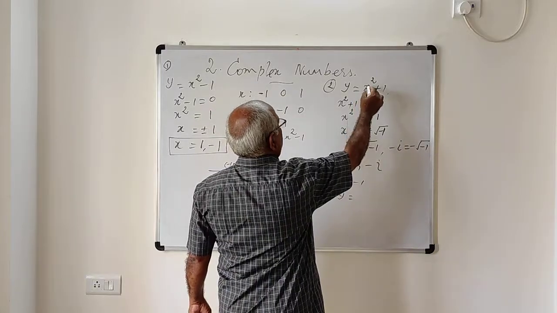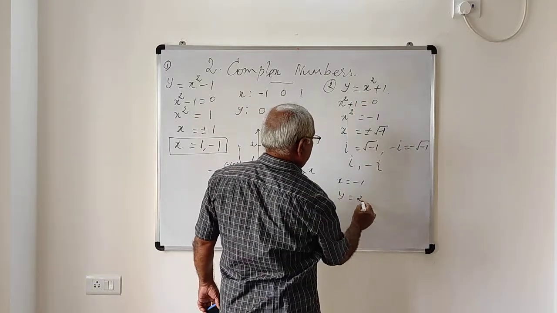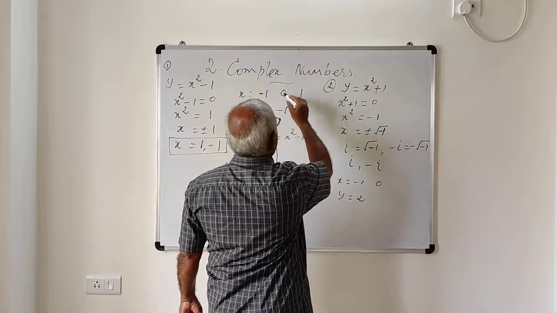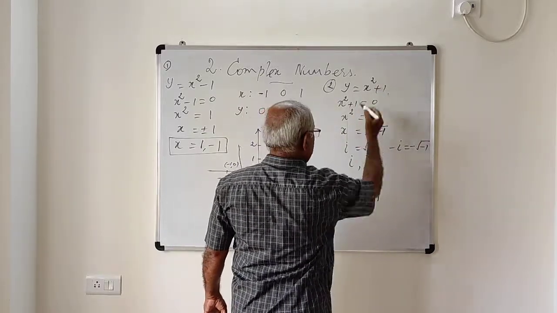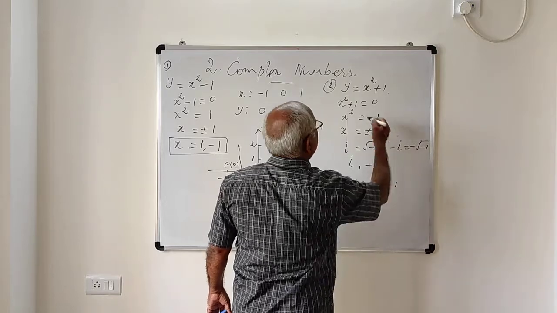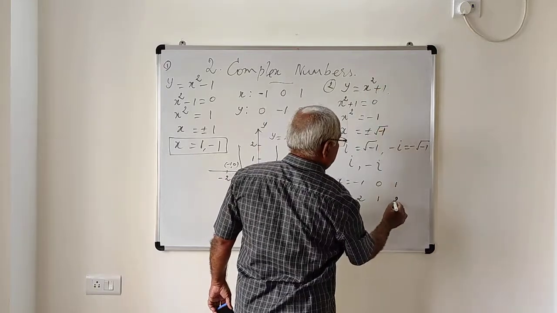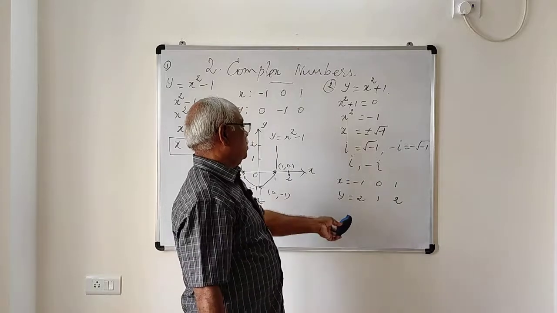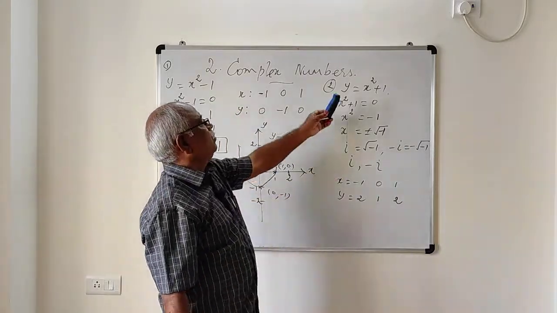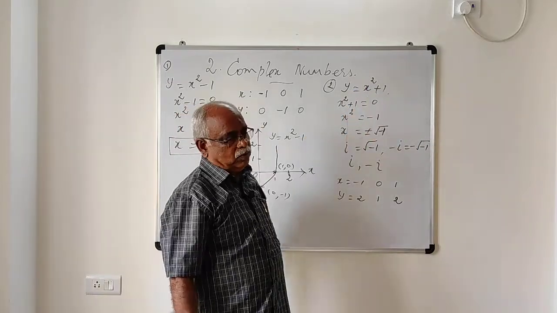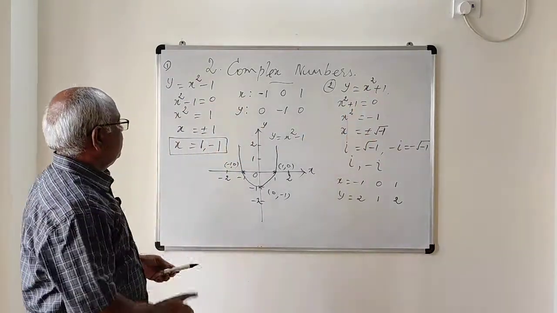Minus 1 square is 1, 1 plus 1 is 2. Similarly, if x equal to 0, y is 1. If x equal to 1, again 1 square is 1, 1 plus 1 is 2. So minus 1 comma 2, 0 comma 1, 1 comma 2 are the 3 points for this equation, y equal to x square plus 1.